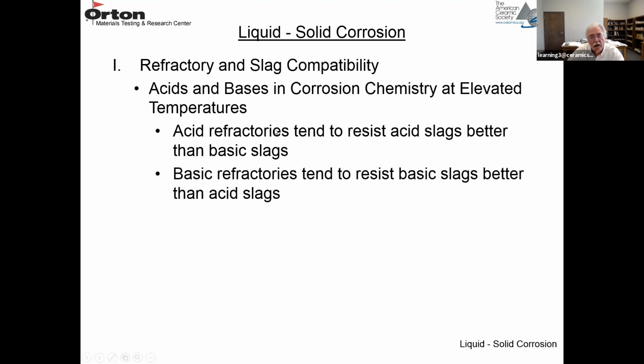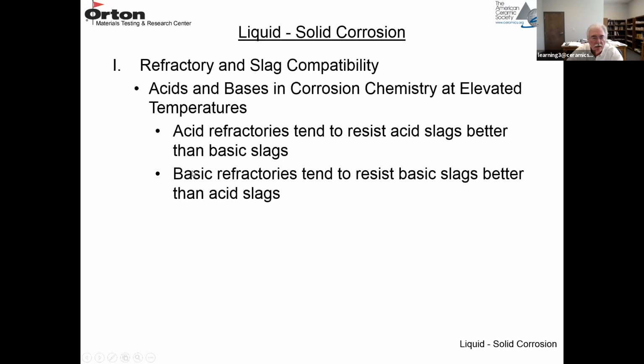So acidic refractories tend to resist acid slags better than a basic slag. Acids and bases react, so you don't want to put a basic slag in contact with an acid refractory because there'll be a reaction. Also, basic refractories tend to resist basic slags better than acidic slags.